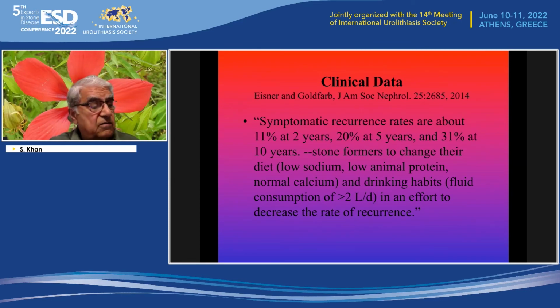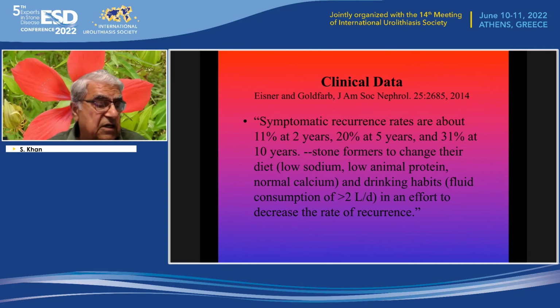So now we go back to the clinical data, and here is the paper that Dr. Goldfarb and Dr. Eisner published. It says the symptomatic recurrence rates are about 11% at 2 years, 20% at 5 years, and 31% at 10 years.